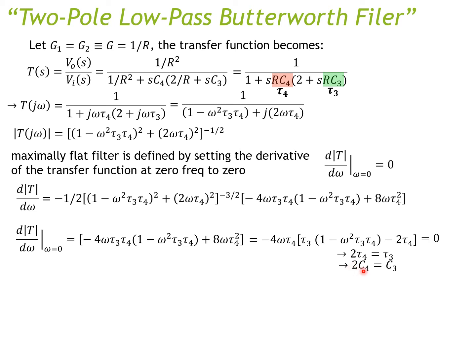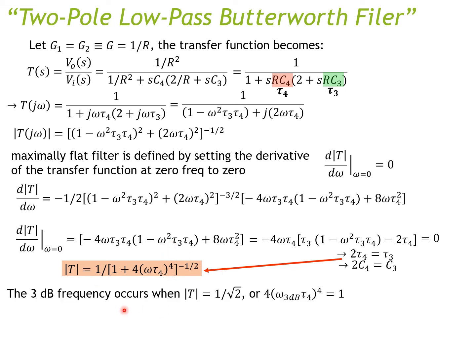That means C3 needs to be equal to 2 times C4, and because of that we can rewrite the magnitude of the transfer function again. It's going to be equal to 1 over the square root of 1 plus 4 (omega tau 4) to the 4.